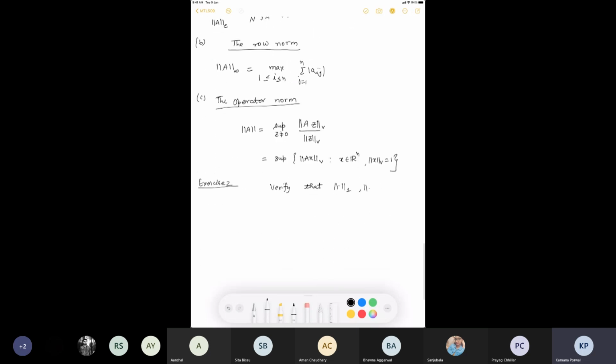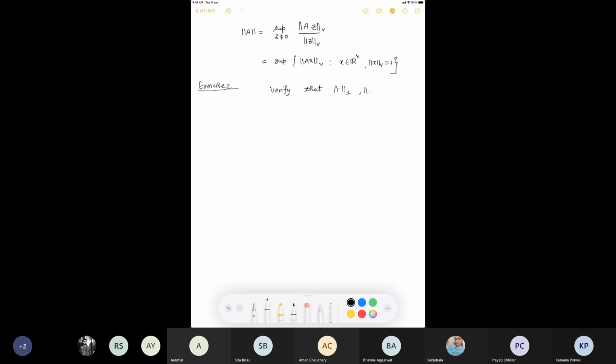So both notations are used for the Euclidean norm. So you have to verify that they all satisfy the properties of a matrix norm, which are given in definition 2.